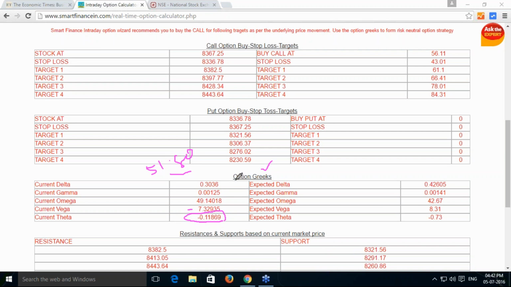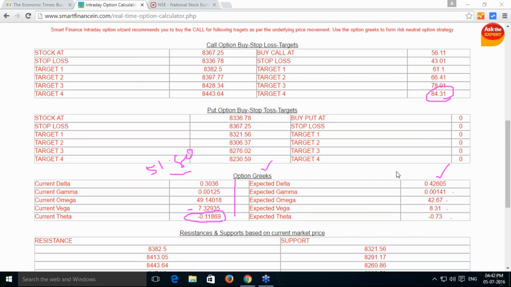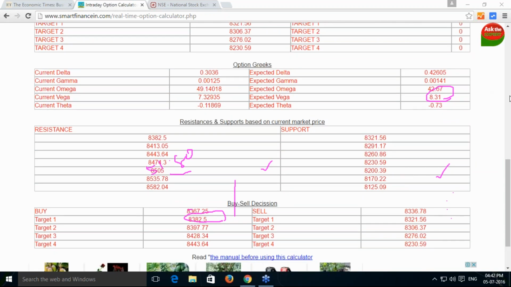This is the info as per the premium reference of 51 rupees 80 paisa. When this premium touches 84, the target at that time, you can get the delta, gamma, vega, theta, all those informations also. Besides that, as per the WD Gann study, you get the buy sell decision of the underlying asset and the resistances and supports.